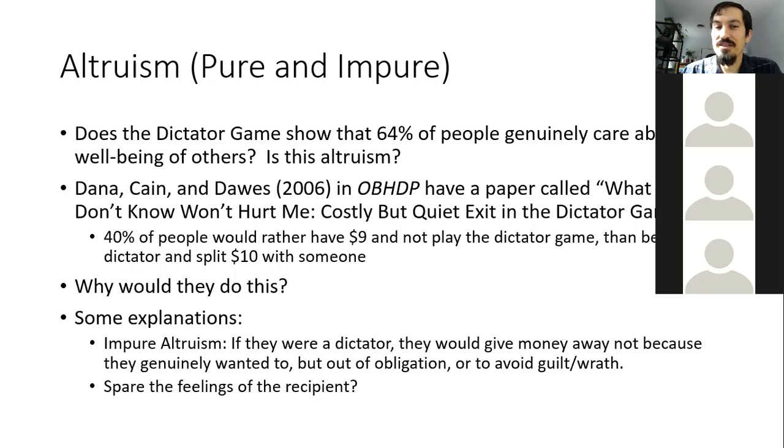But if you're choosing to exit the dictator game and say, actually, I don't even want to play the dictator game, just give me my money and don't let the other person even know what's going to happen, to spare their feelings, it means that you're sparing their feelings from the case where you take all the money. So that's not a way to refute the case of impure altruism. All right.